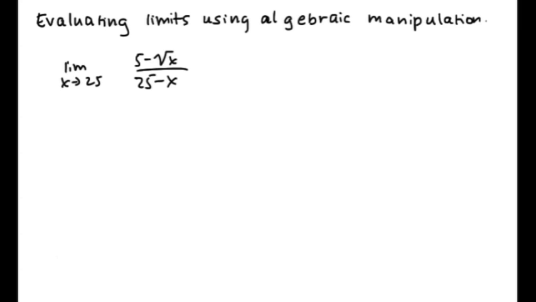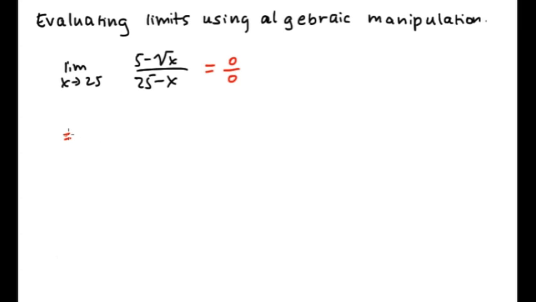So here's a problem that I copied down, and it uses multiplying by conjugates. This is the limit as x approaches 25 of 5 minus rad x over 25 minus x. And if you plug in 25 here, you'll see that we get 0 over 0. So what do we do? Well, we're going to multiply both top and bottom by 5 plus rad x, which is the conjugate of 5 minus rad x.